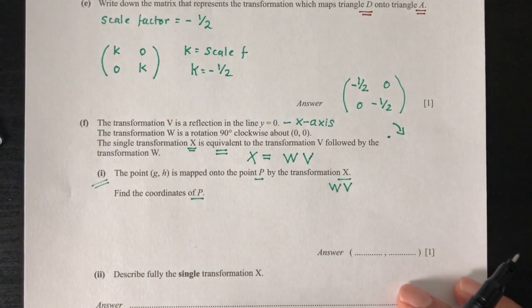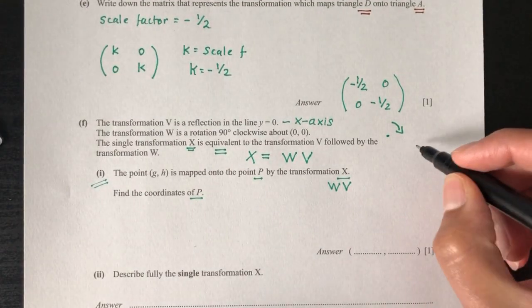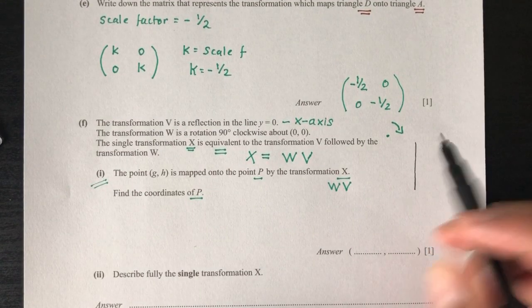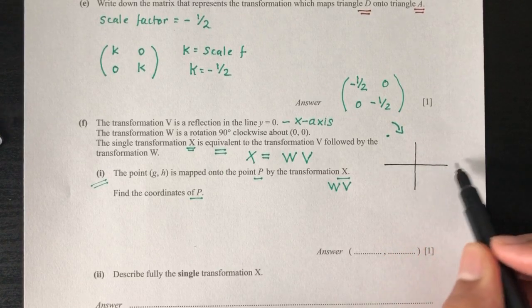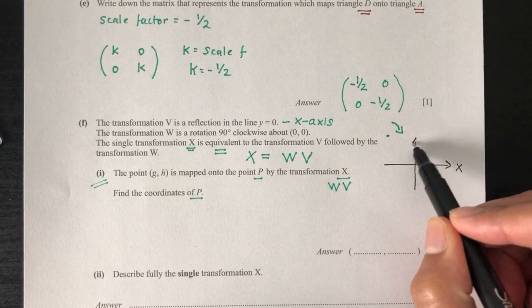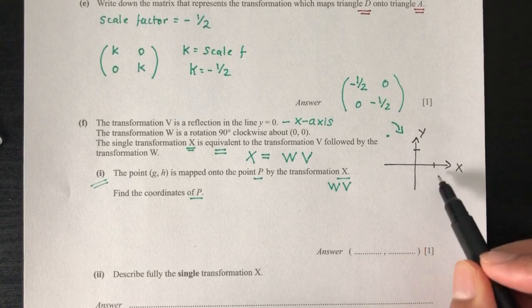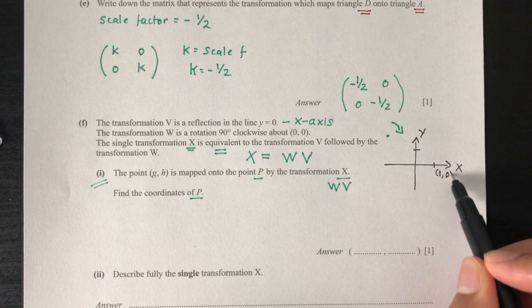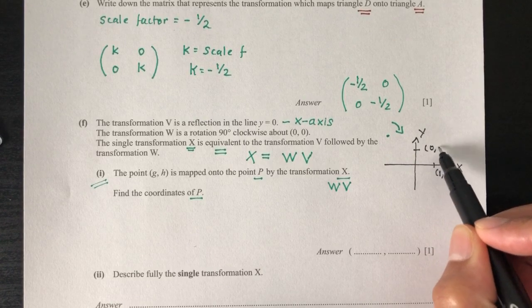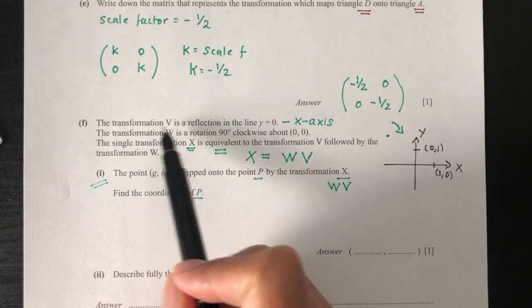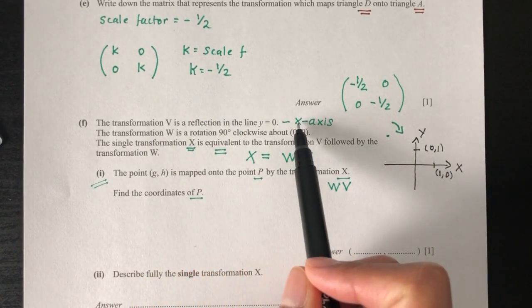To find these, we can first draw the axes. This is your X and this is your Y. You always begin with those 2 points: this one first, which is 1, 0, and this one, which is 0, 1. Now, V is a reflection in the x-axis.